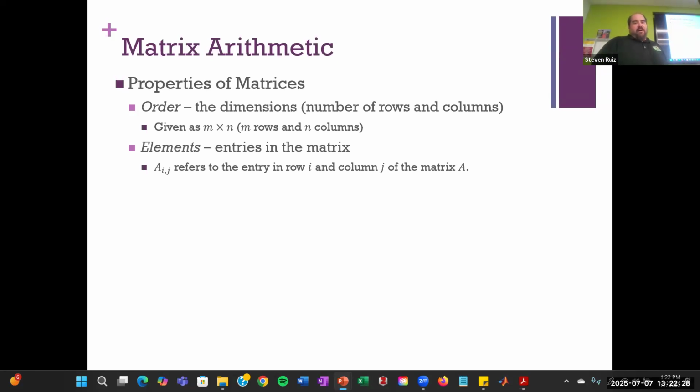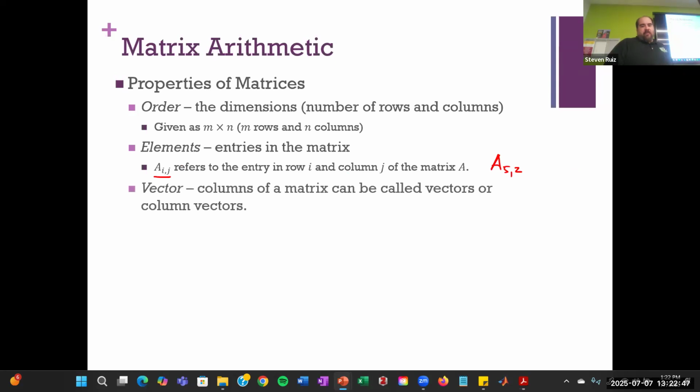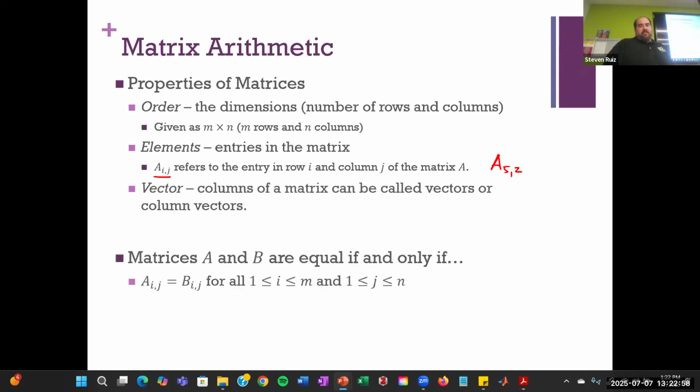We index those with a double subscript. So if I write something like that, it's the element that lives in the 5th row, 2nd column. Beyond plucking out the individual elements, we can talk about vectors, which usually are the individual columns of a matrix.